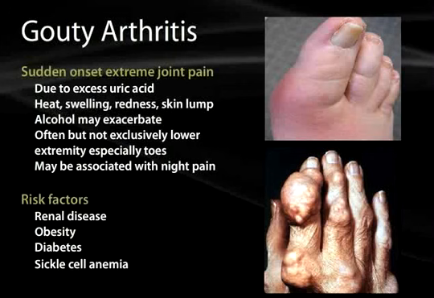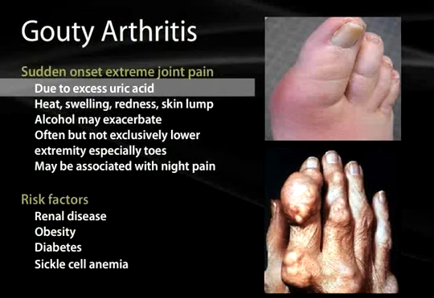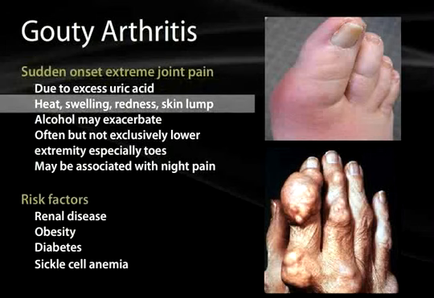A third type of arthritis is gout. Gout can have serious effects on the joint itself. It's an inflammatory event because of the onset of extreme joint pain, and there's an associated increase in uric acid. This will result in heat, swelling, redness, and oftentimes skin lumps, which can continue to calcify and deform the joint.